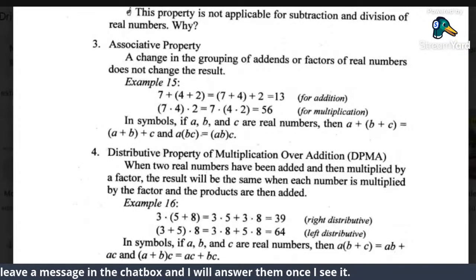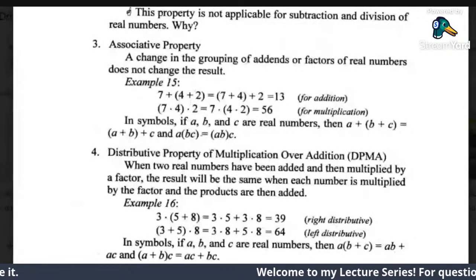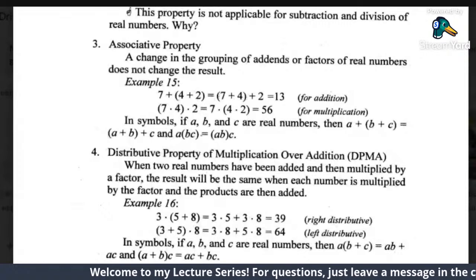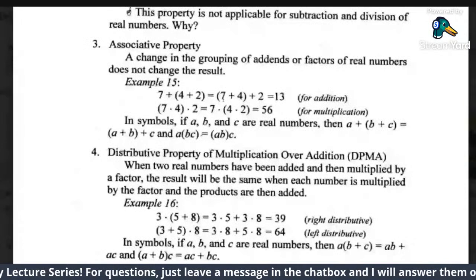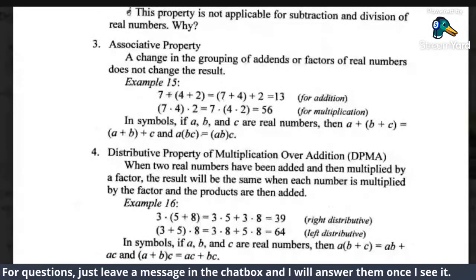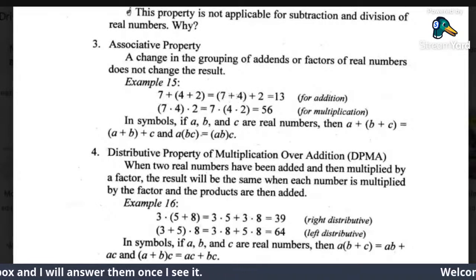For example, here we have 7 plus 4 plus 2. On the left-hand side, we group 4 and 2. On the right side, we group 7 and 4, but we're adding the same numbers. 4 plus 2 is 6, so 7 plus 6 will give you 13. Here 7 plus 4 is 11, plus 2 will also give you 13.